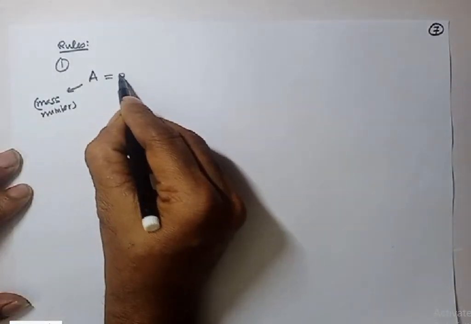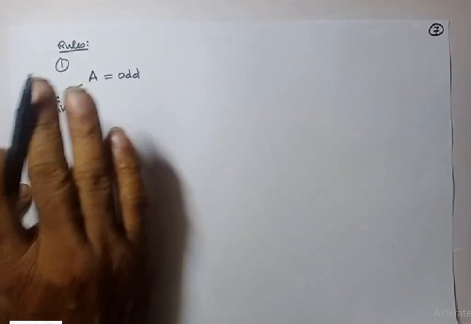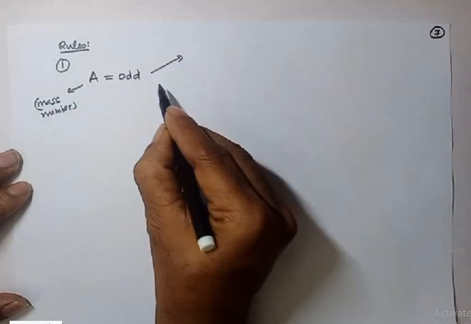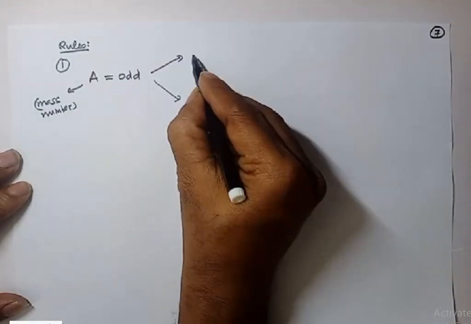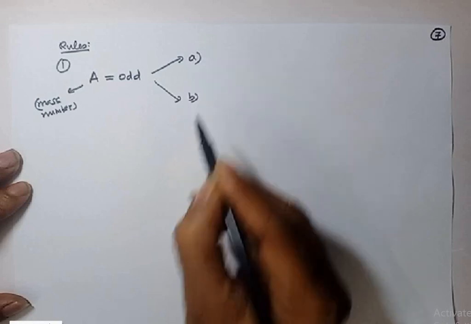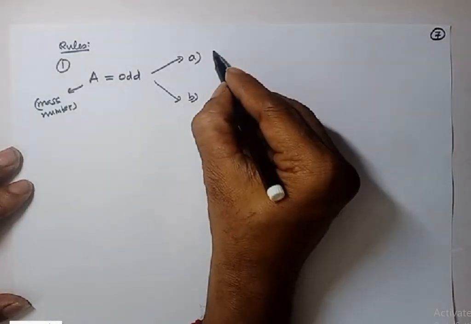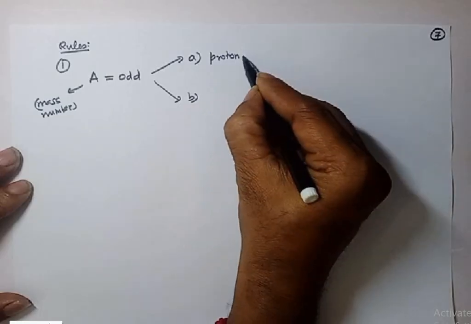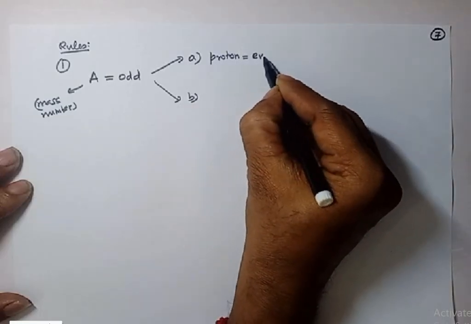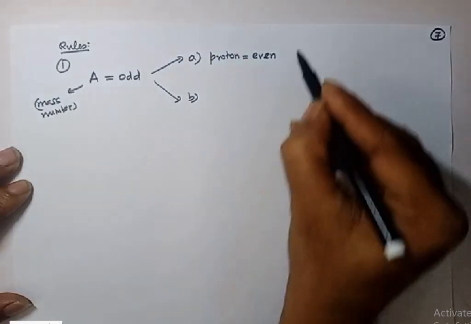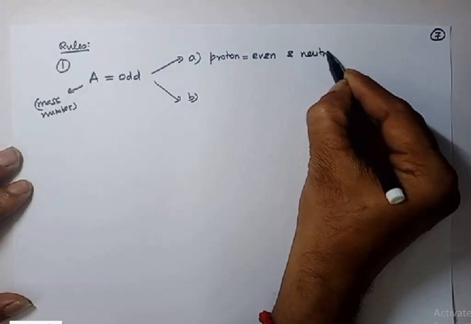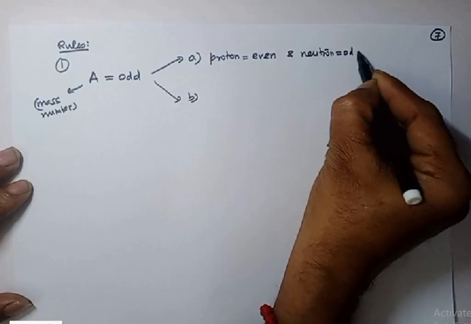Suppose A is odd, observe carefully, the mass number is odd. Mass number odd means there are 2 possibilities. What are the 2 possibilities? Let me write here. The number of protons may be even and the number of neutrons may be odd.